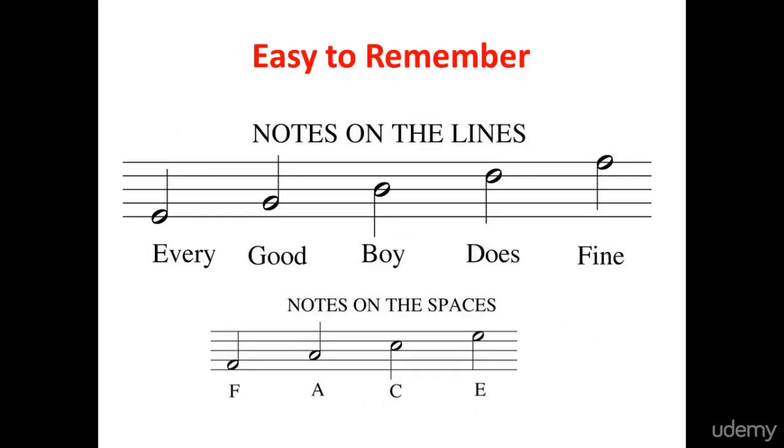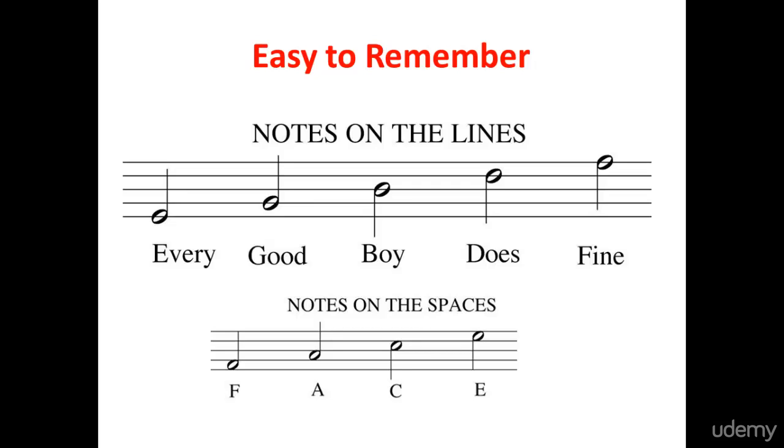Remember the names of the strings, elephants and donkeys grow big ears. Well, we have the same thing here to memorize the notes on the lines or on the spaces. The notes on the lines can be memorized if you remember every good boy does fine. So again, taking the first letter of each word, the first line is E, and then the second line G, B, D, F. Now you don't need to worry about where this note is going to be.